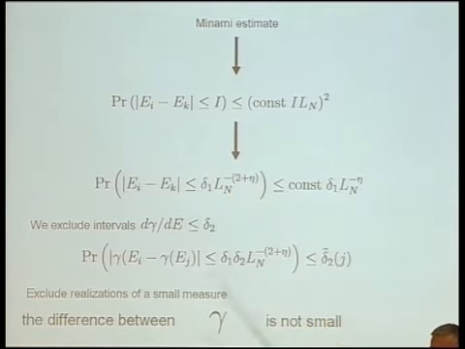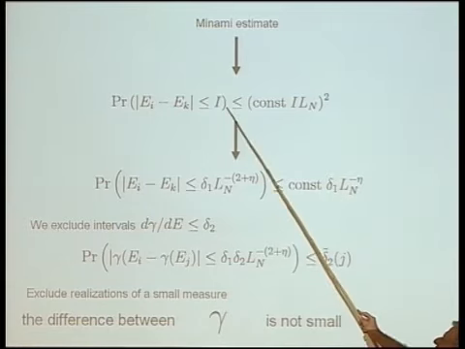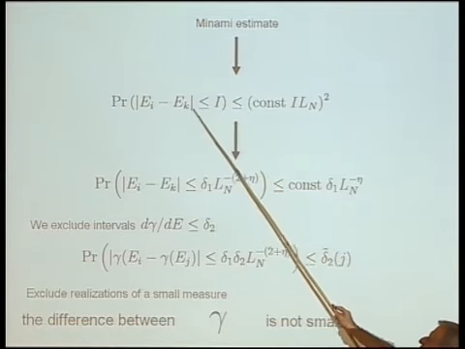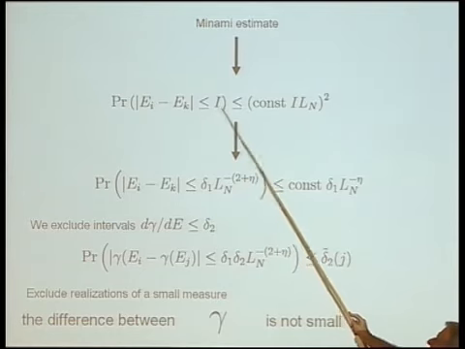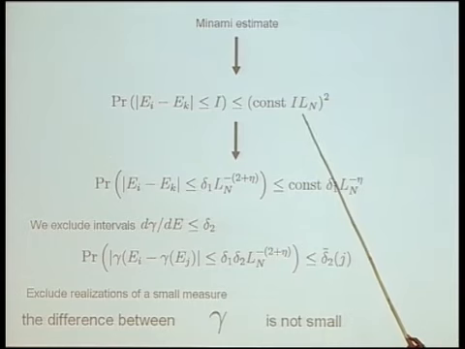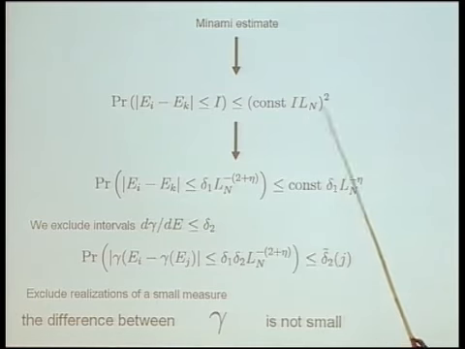And then there is an estimate of finding two energies in an interval, by Minami, and fortunately the estimate works so that the probability of being in an interval of size I goes like the square of the interval, times the size of the system.